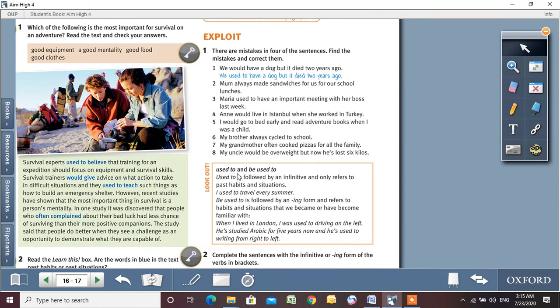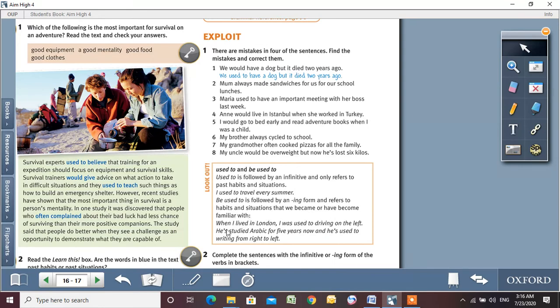Okay, used to and be used to. Used to is followed by an infinitive and only refers to past habits and situations. I used to travel every summer. What about be used to? It's followed by an ing form and refers to habits and situations that we become or have become familiar with.